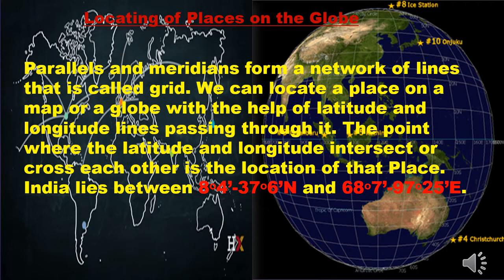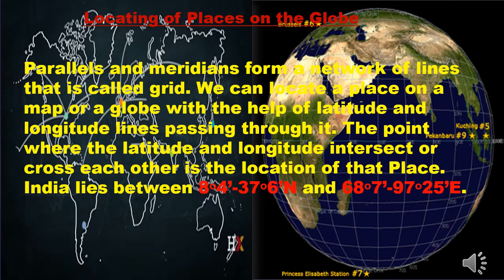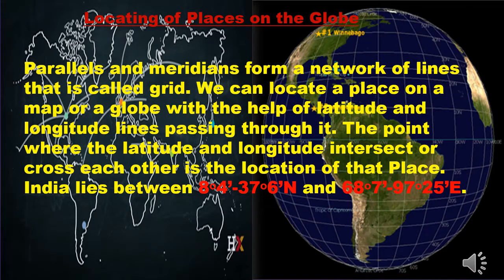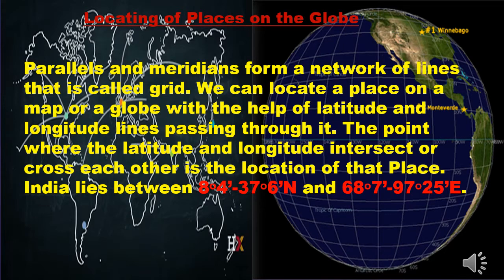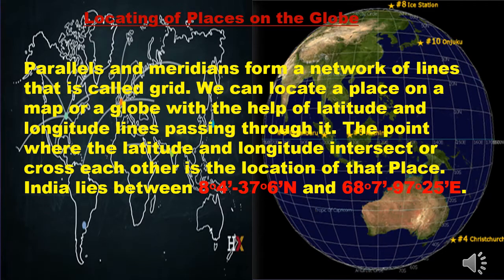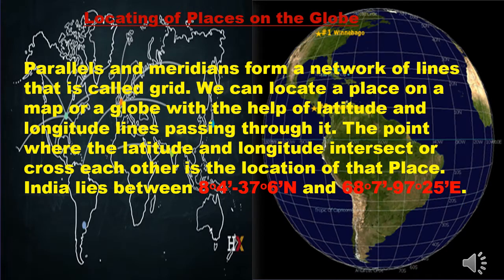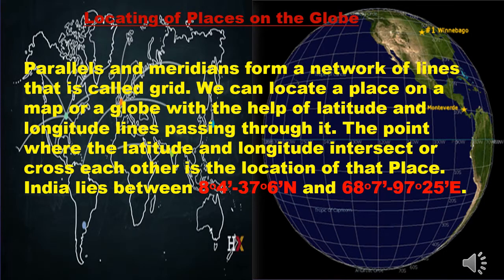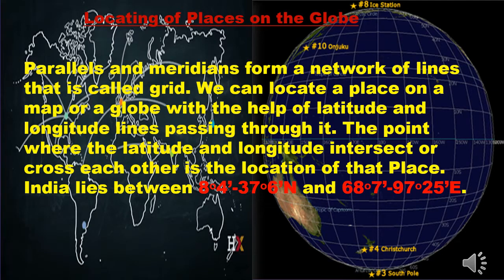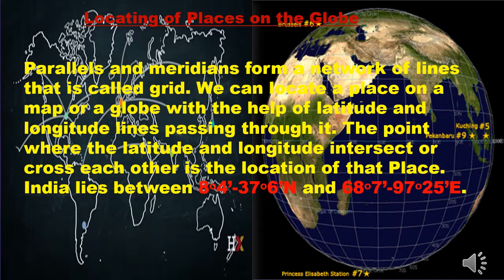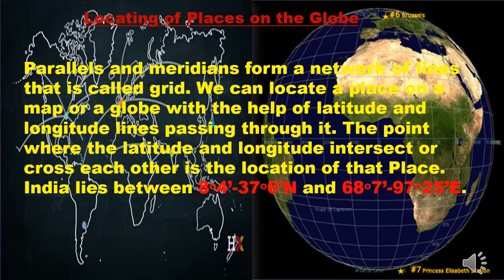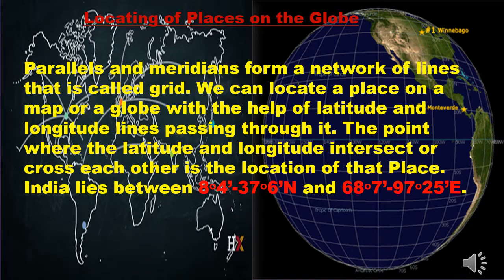It lies entirely in the northern hemisphere. The mainland extends between latitudes 8 degrees 4 minutes north and 37 degrees 6 minutes north, and between longitudes 68 degrees 7 minutes east and 97 degrees 25 minutes east.